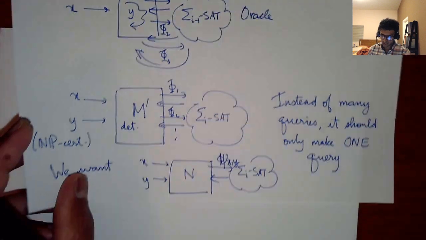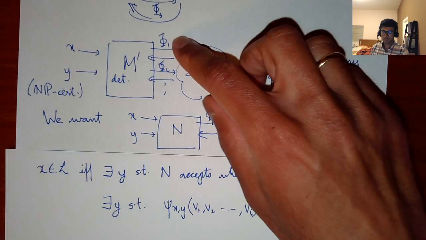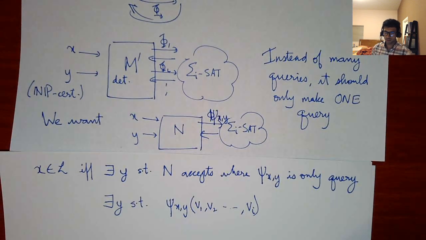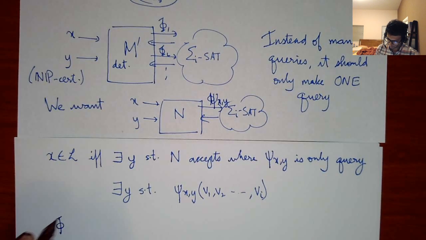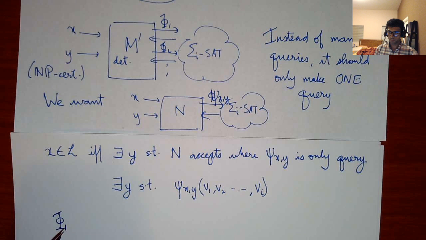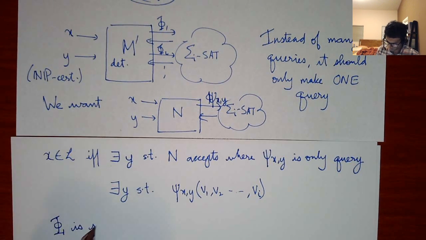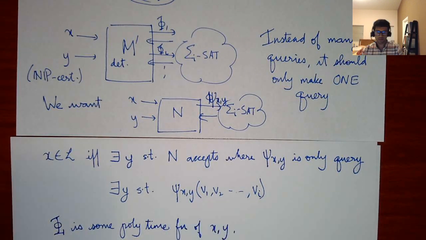So the key is, let's go and look at this. Phi 1 is some polytime function of x and y.